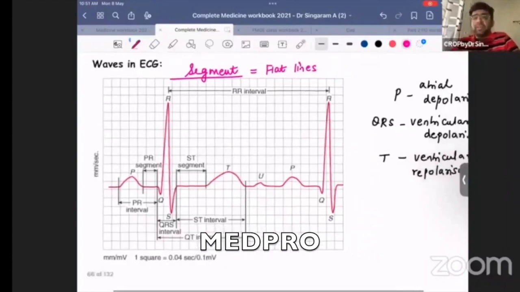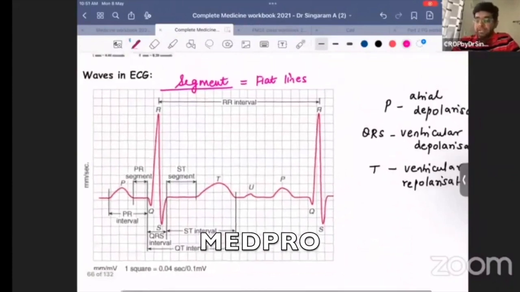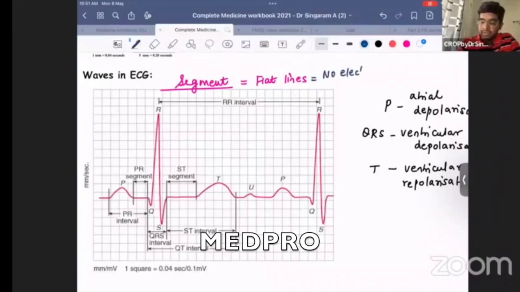Flat lines means what did I tell you? Is it any electrical activity or no electrical activity? It is simply areas of no electrical activity.